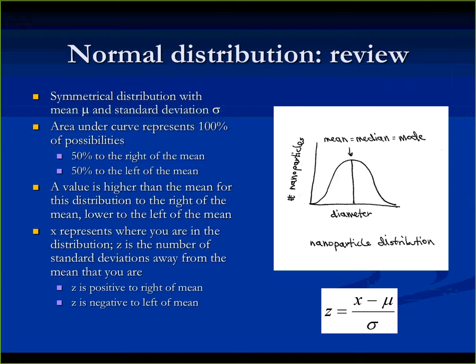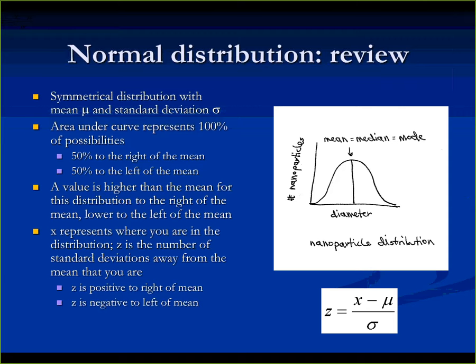So the picture I've drawn here just represents the number of nanoparticles on the y-axis graphed against the diameter of your nanoparticles on the x-axis. And so if these data are normally distributed and you've identified one nanoparticle, its diameter, you would represent it as x.